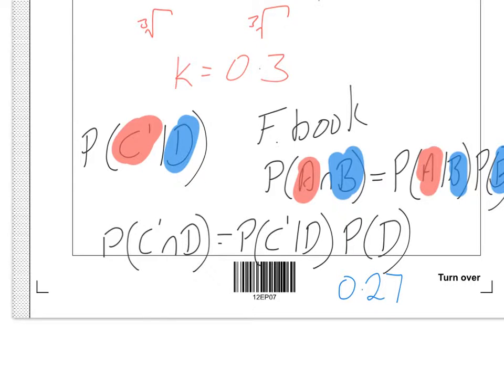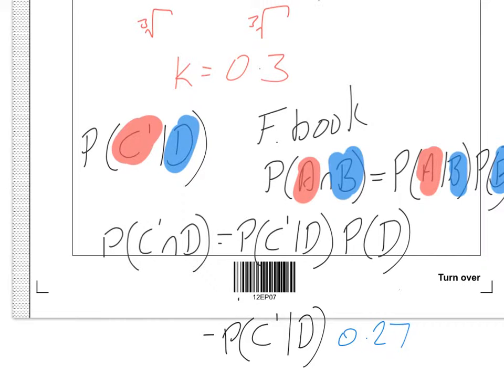The probability of not C, given, let's move everything down a little bit so I'm not writing over the barcode. So we've got 0.27 there. We've got the probability of not C given D, which is the thing I'm trying to find.